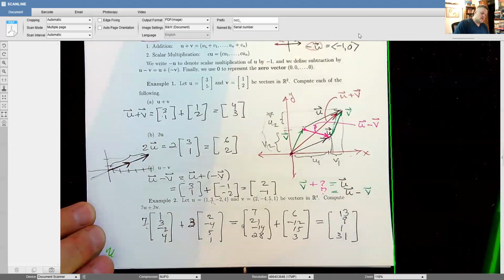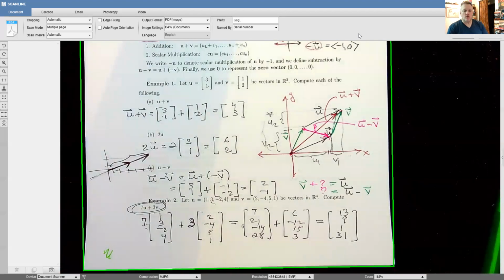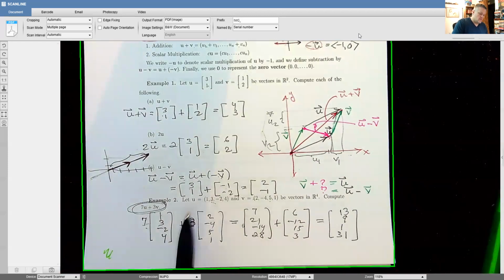All right. So what this is called is a linear combination of u and v. We're going to define that momentarily in precise terms. But notice all we did was we took u and v, we multiplied each one by a scalar and added them up. That will produce a linear combination.